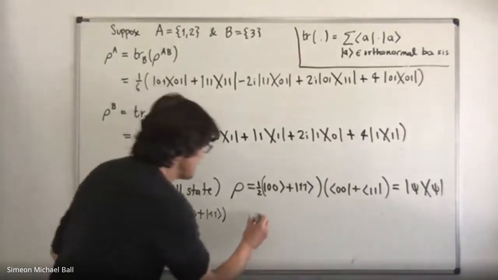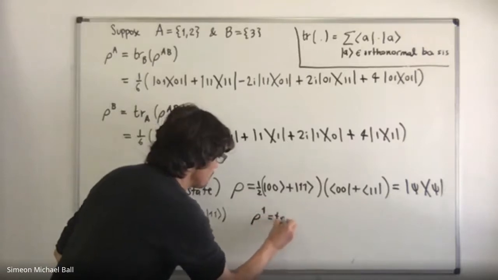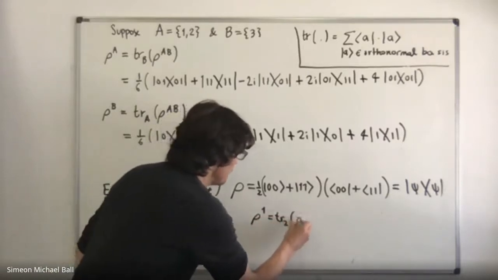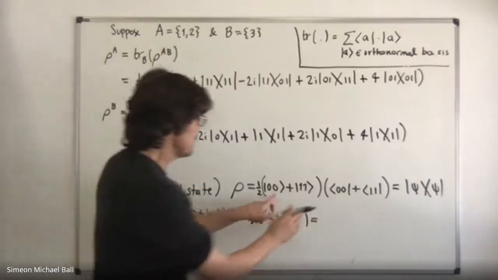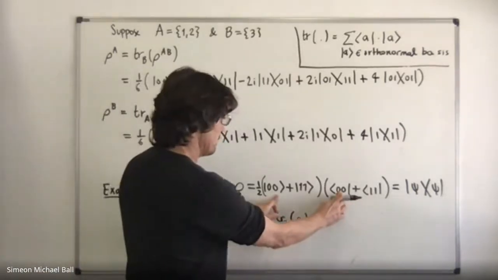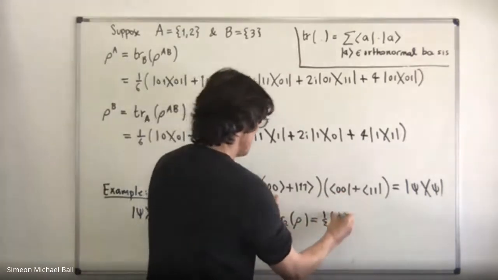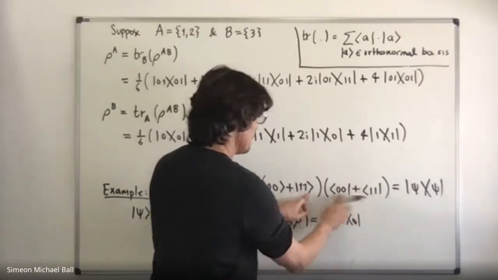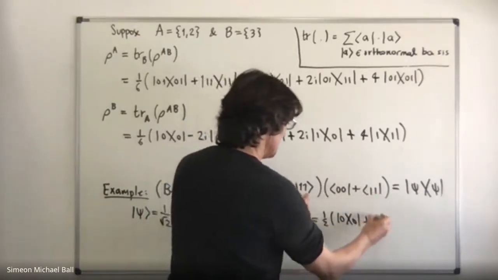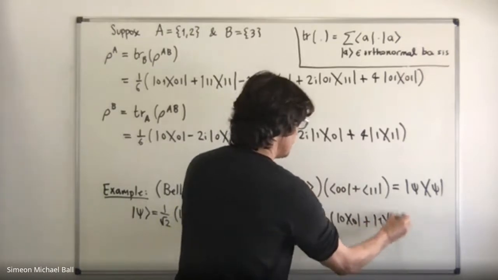When I trace, let's call this rho 1, the trace over the second system of rho, then the 0 and the 1s, when I have this term they're both 0, so I'm going to get a 0, 0. Here I go 0, 1, so that goes, 1, 0, that goes, and 1, 1, and I end up with 1, 1.